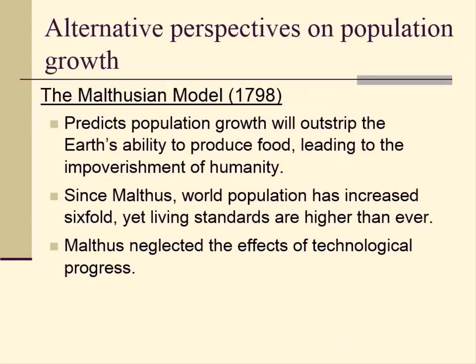Finally, here are a couple of alternative perspectives on population growth. First, the Malthusian model, which predicts that population growth will outstrip the Earth's ability to produce food, leading to the impoverishment of humanity. Malthus argued that population grows at a geometric rate, while food production grows at an arithmetic rate.